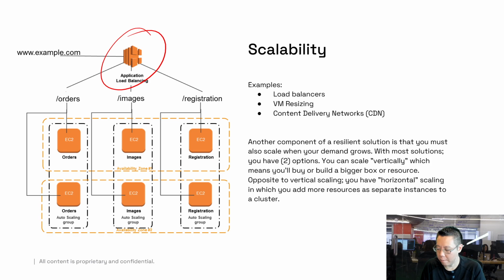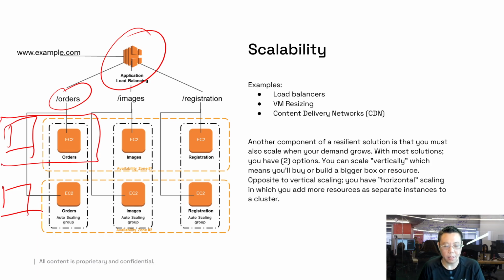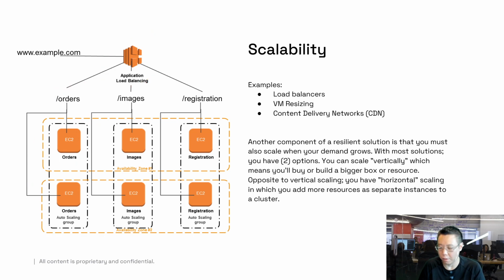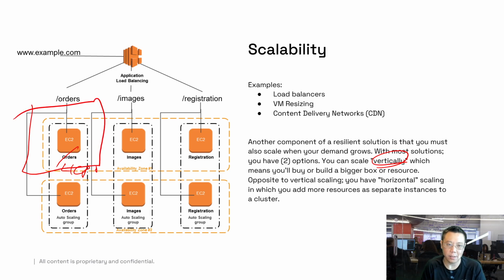So if I need to add more processing power for anything that's inbound orders, I would add 2 more VMs on both sides, and now I have scaled horizontally. Scaling horizontally basically means that I'm adding more nodes and compute capacity as opposed to scaling vertically. Vertically means I'm saying, hey, this VM is too small, I need to have 4 CPUs instead of 2. I need to create a bigger VM, hence scaling vertically as opposed to horizontally.